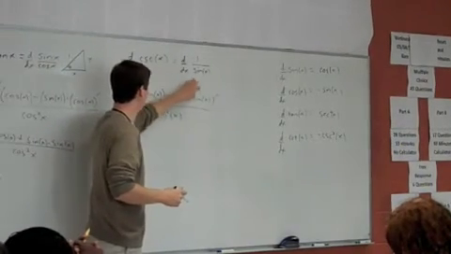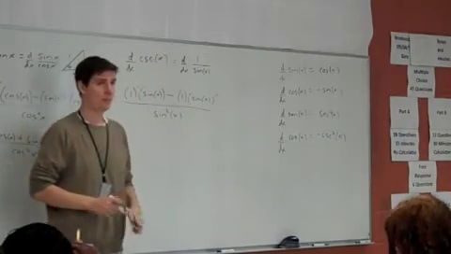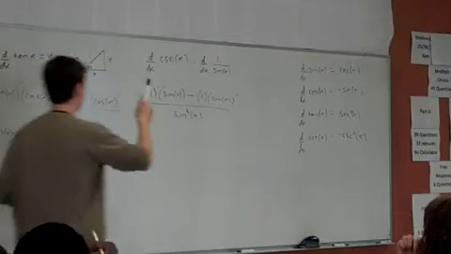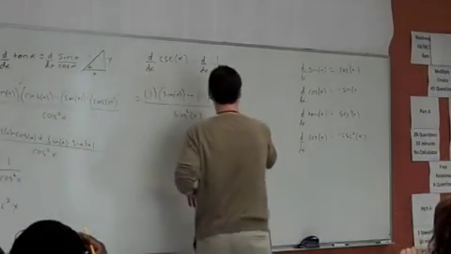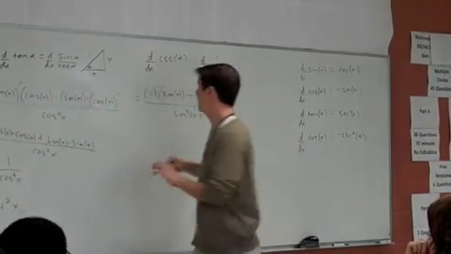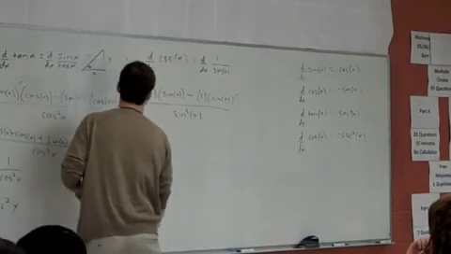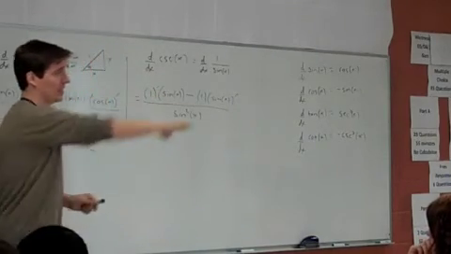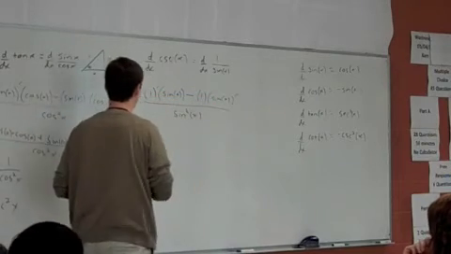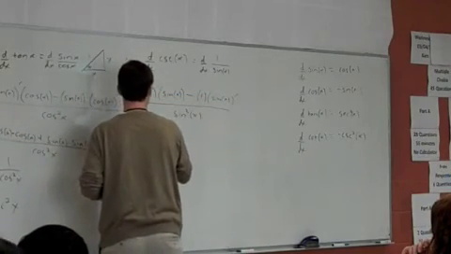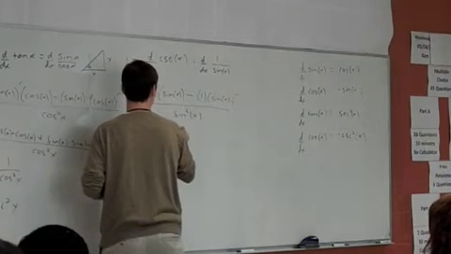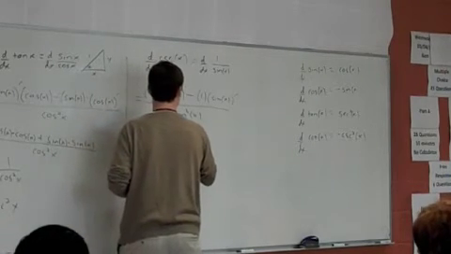I'm asking for the derivative. Am I done yet? No, I still need to take the derivative. Let's see. Here and here. What's the derivative of this? It's 0. Be careful. The derivative of a constant, the line y equals 1, is 0. The derivative of x is 1 times minus 1.